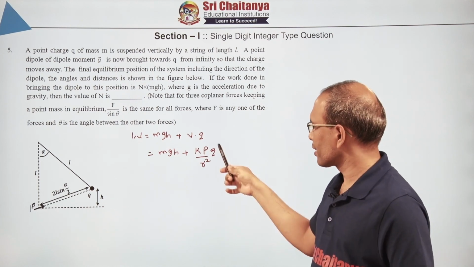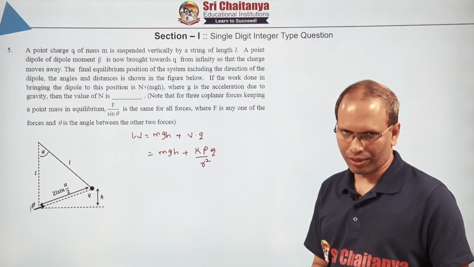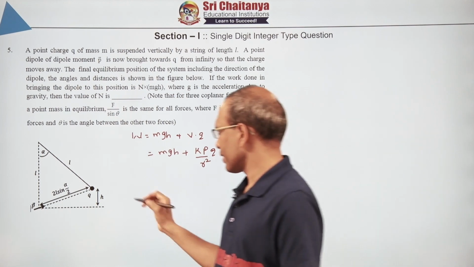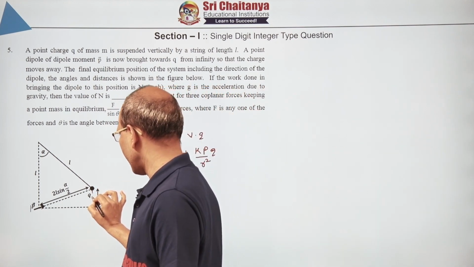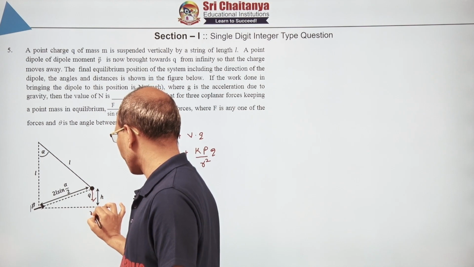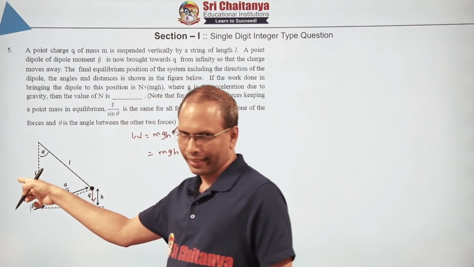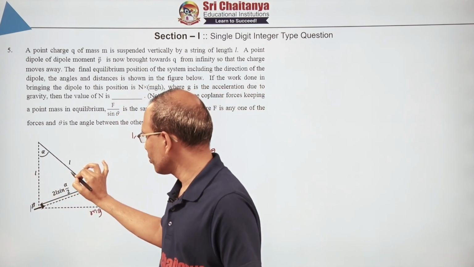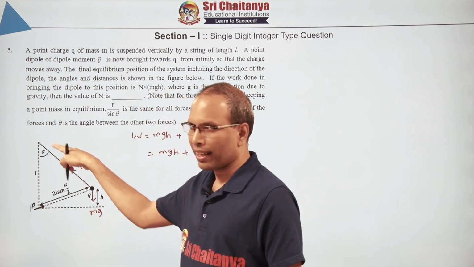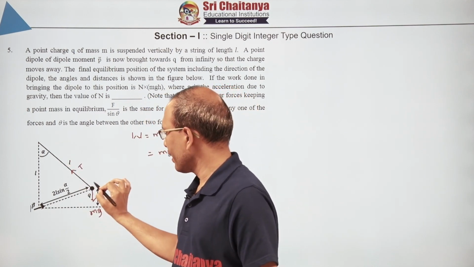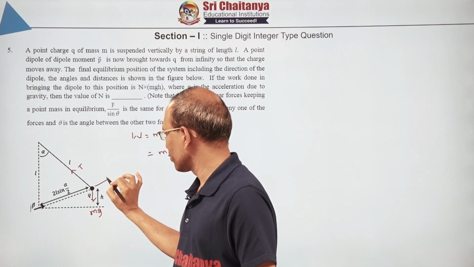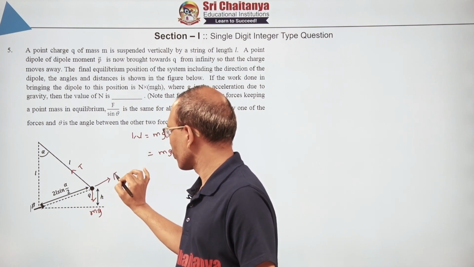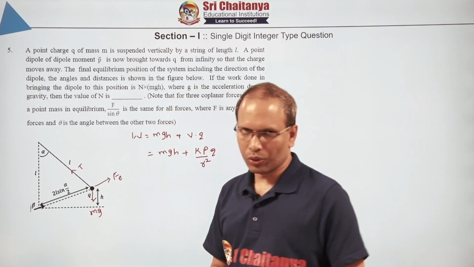So for that, let us see for the equilibrium condition here what happens. The forces acting on this bob in equilibrium are mg downwards, which is parallel to this length, tension here which is parallel to this length, and the electrostatic force here which is qE.